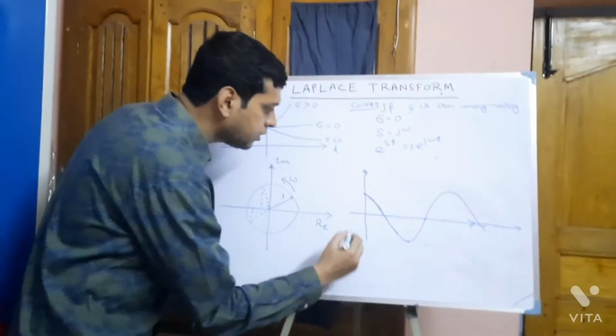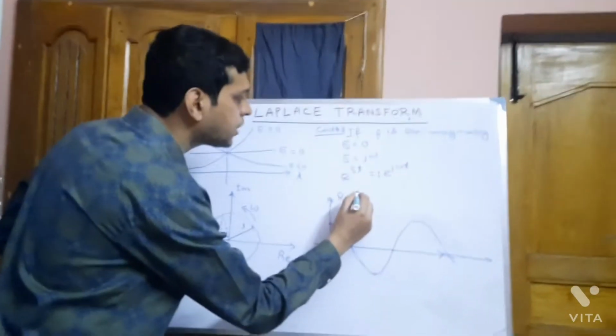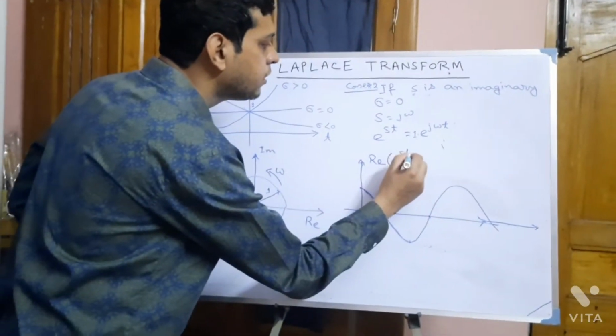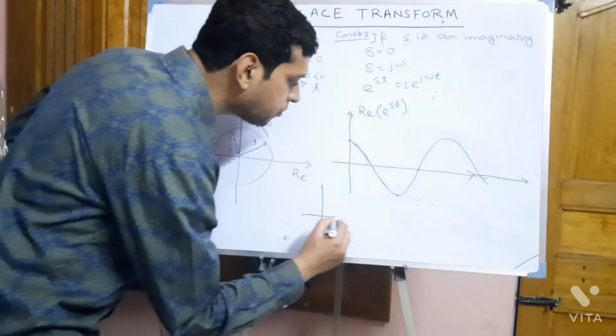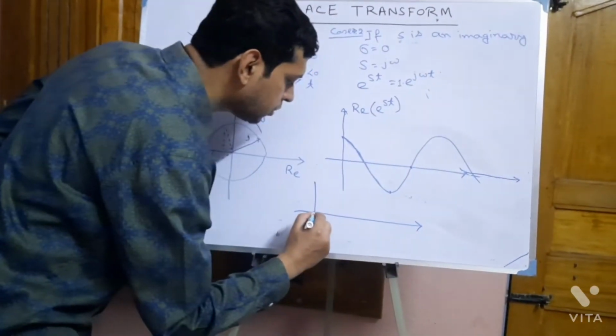Okay, this is the real part of e to the power st, and the imaginary part of e to the power st will look like this.